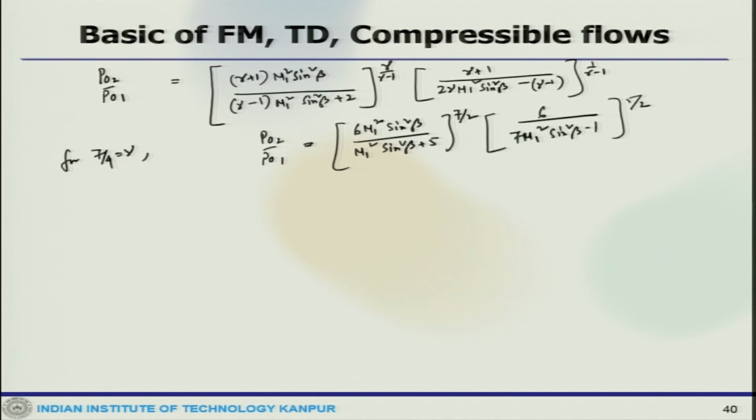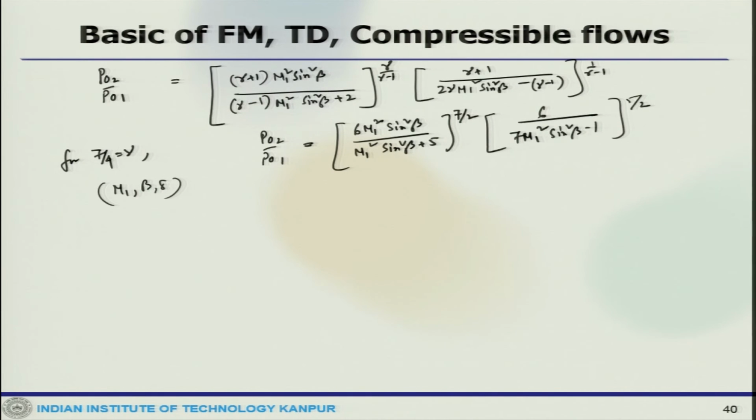So, one can have these relations, or there could be a nice diagram of what can happen between M1, beta, delta. Using that you can get a diagram of that kind.